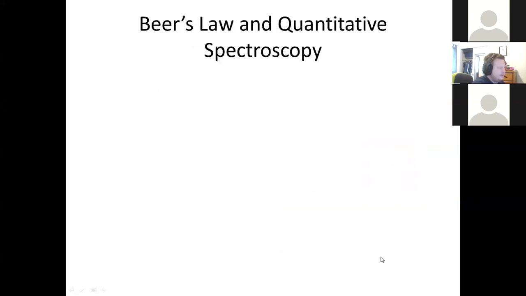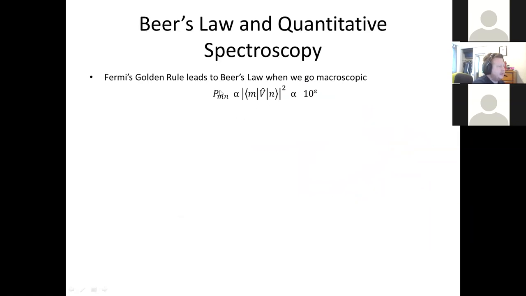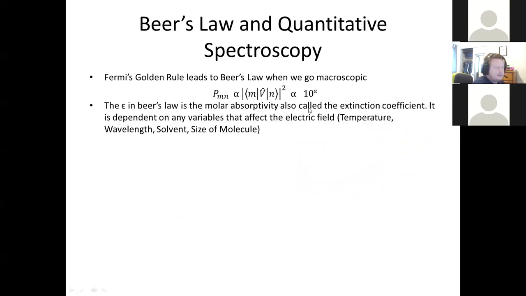Okay, so how do we get Beer's law from that? Well, Fermi's golden rule really leads to Beer's law when we go macroscopic. So here's Fermi's golden rule, and it also is proportional to what I would say is 10 to the power of this epsilon, which is from Beer's law. It's called the molar absorptivity. Other sources call it the extinction coefficient.